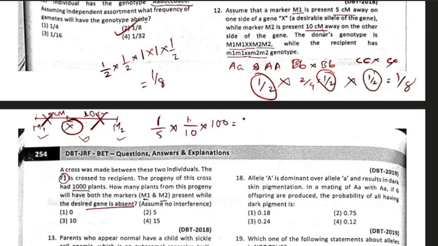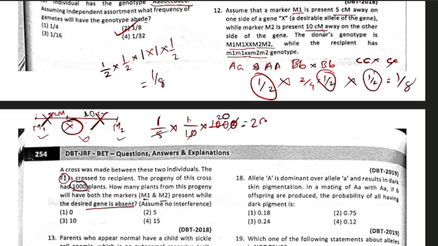The total number of plants is 1000, so we divide 1000 by 50 and we get 20.